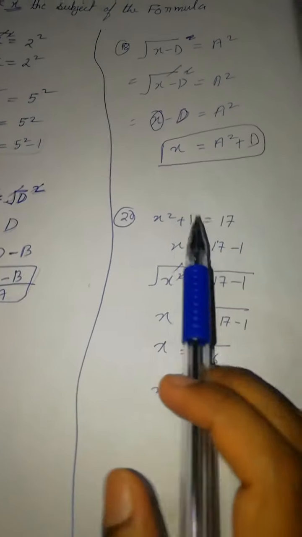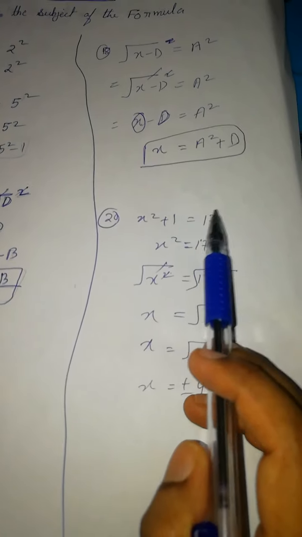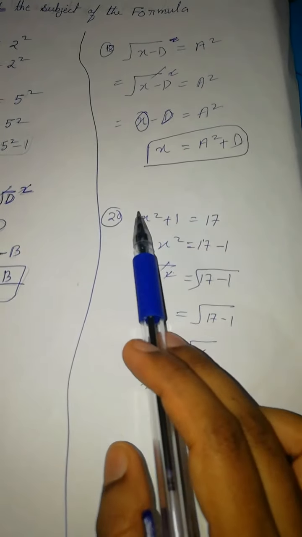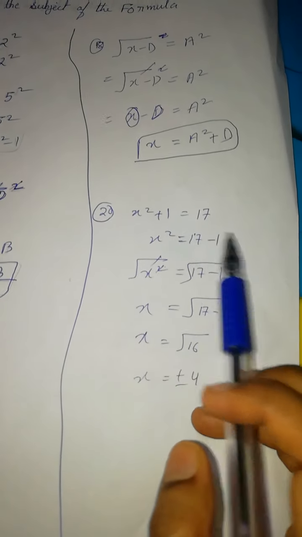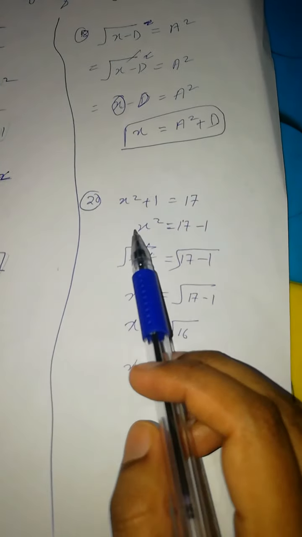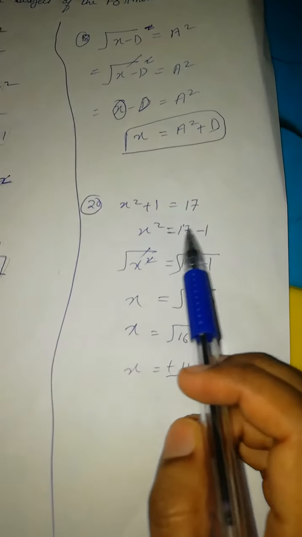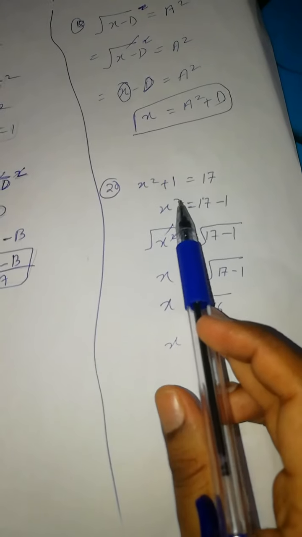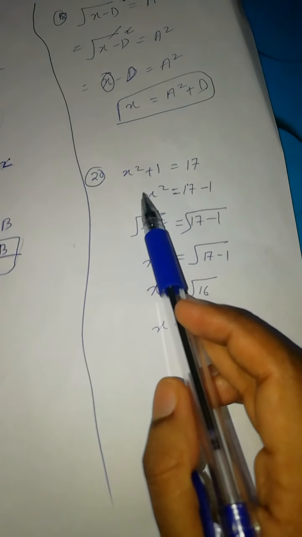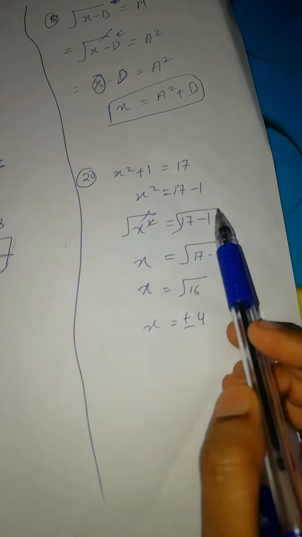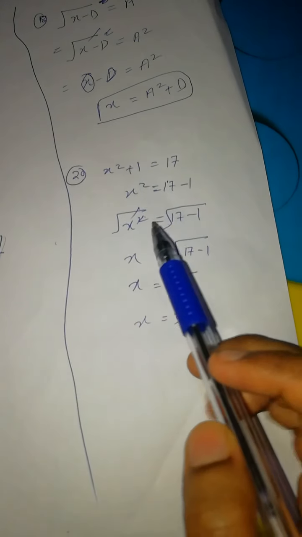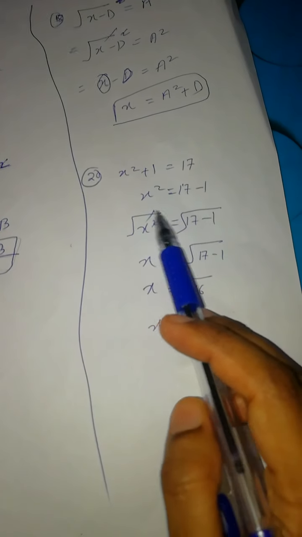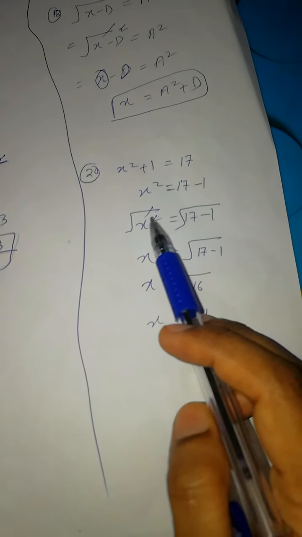Question 20. Okay, x square plus 1 equal to 17. Now we have to make x separate. Now it is plus 1. If you take it to the other side, it will be minus 1. So now what is left? X square is equal to 17 minus 1. Now you know how to remove a square: you have to put a square root, right? If you are putting a square root to this side, you have to put a square root to that side. Now I put a square root, that's why the square is cancelled.